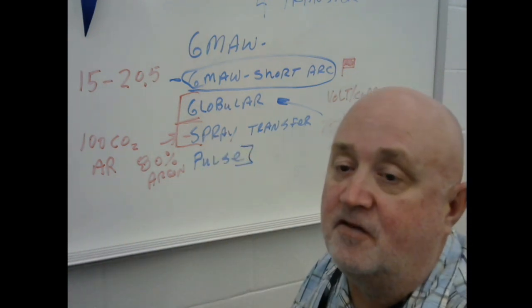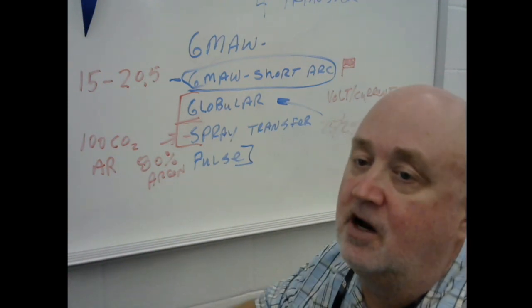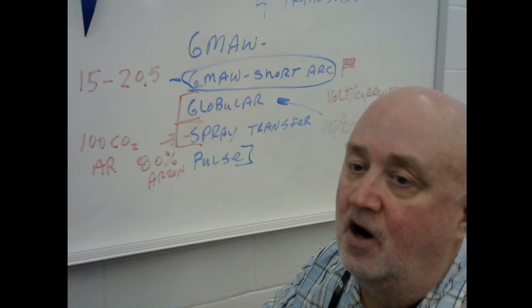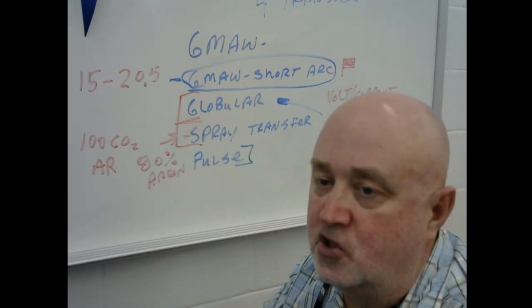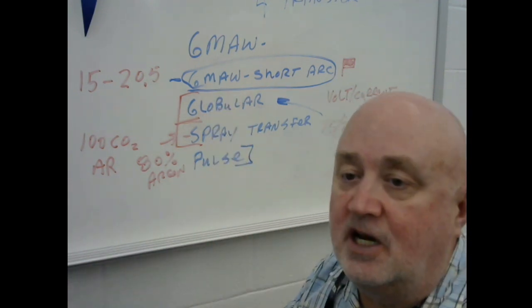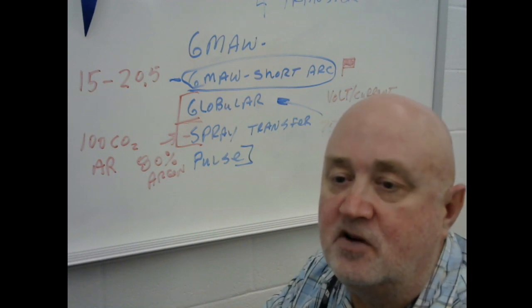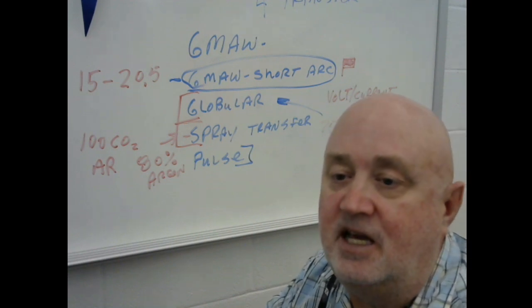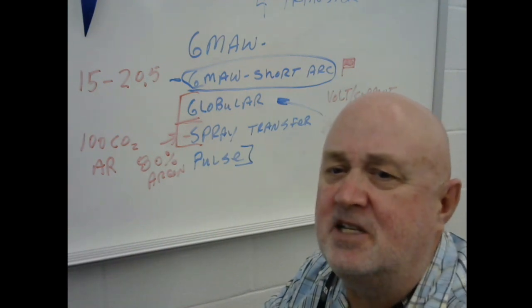You're going to run it in a flat position, maybe some horizontal, but for the most part you're not running it uphill or overhead or out of position. You're just pushing too much wire and it's not freezing fast enough. GMAW short circuiting, it'll do that. You can run it out of position and in different situations, and it's not going to ding you too bad. Anyways, I just kind of wanted to touch base on that.